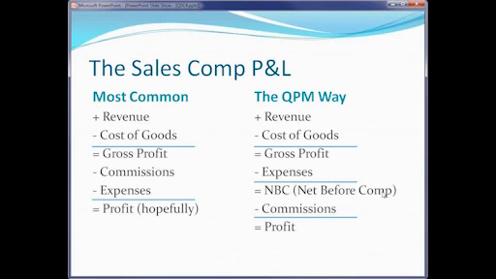A second and very important reason for having the NBC number is that the sales pay is usually not a profitability problem, and we don't want their pay to be a target of or affecting the NBC number. We're trying to measure the whole company, so we're leaving that out of the mix. And then the third and most important reason in the context of what we're talking about today is it gives us an ability to pay profit-based compensation.